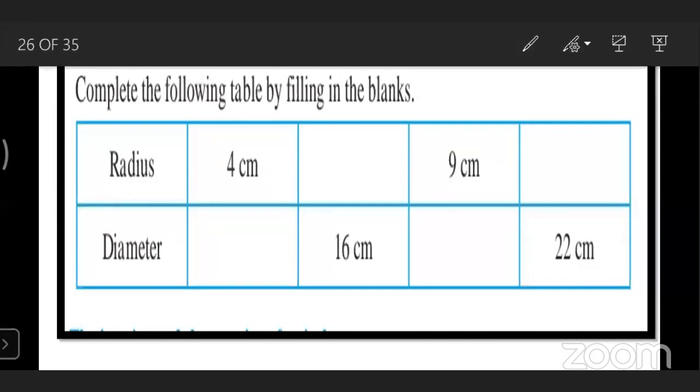Let us solve here. Now the radius is given, 4 centimeter, and we have to find out the diameter.